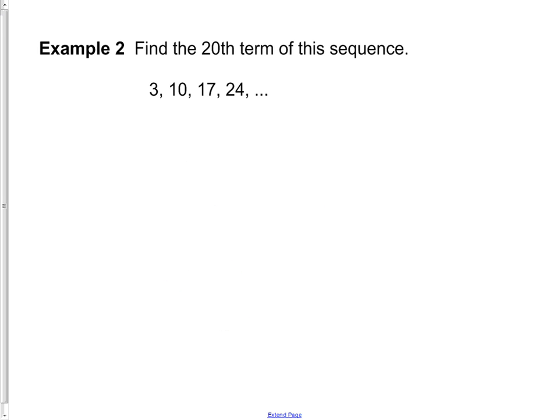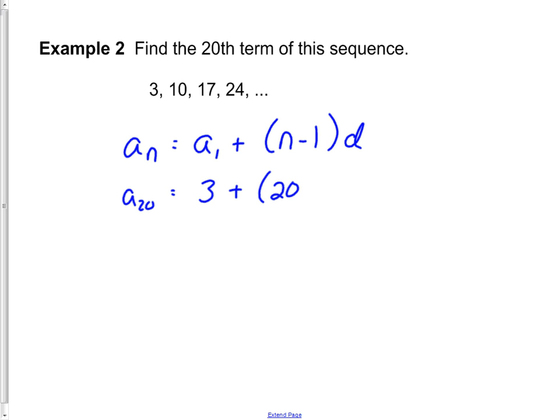Okay, let's give this one a try. Find the 20th term of this sequence. So I'll go ahead and write the formula up here again. A sub n equals a sub 1 plus n minus 1 times d. I want to find the 20th term of the sequence. The first term is 3. The 20th term is what I want to find, so that's the n value, minus 1 times d.